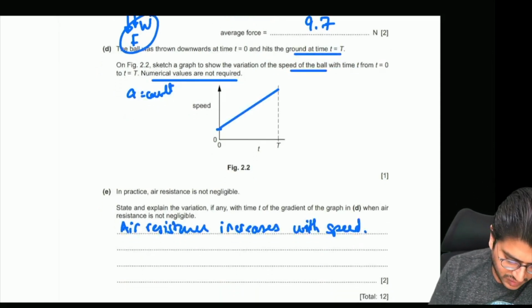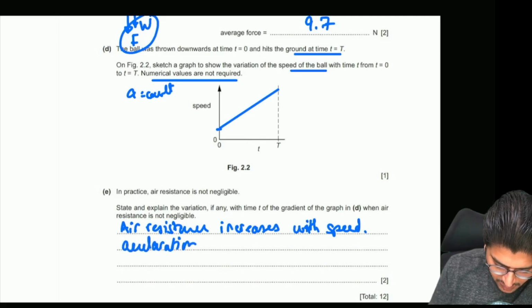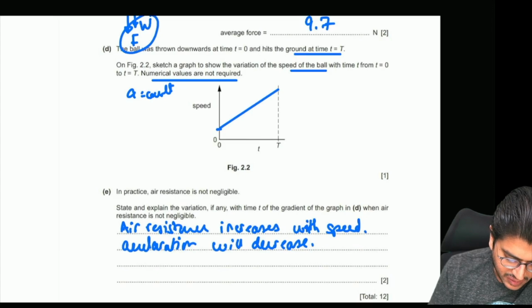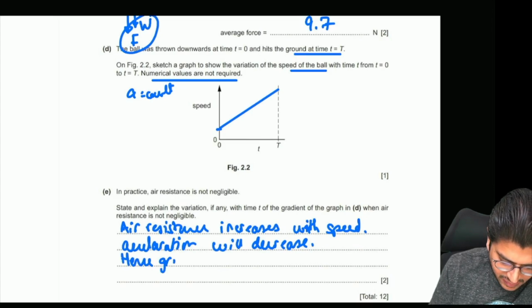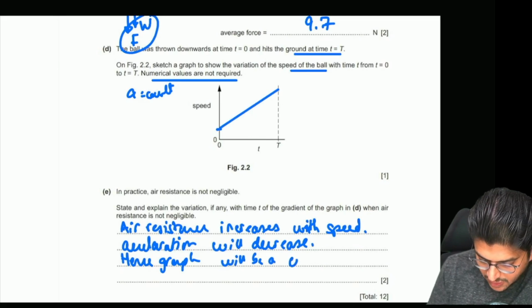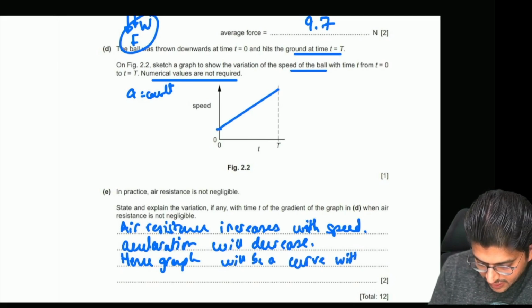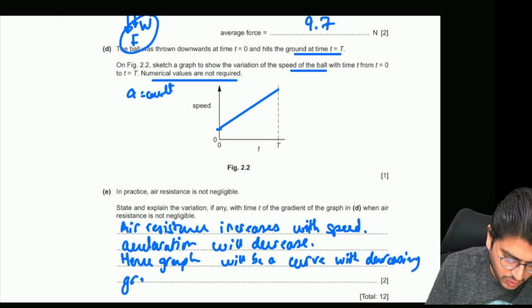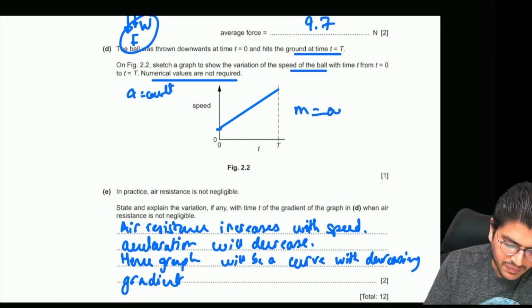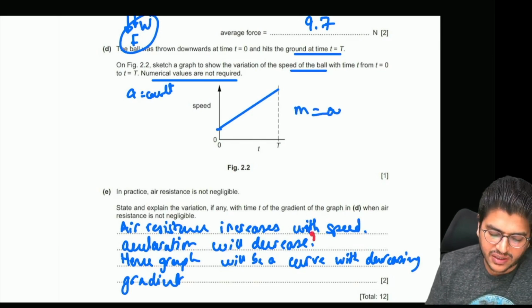So your acceleration will decrease, and because acceleration will decrease, hence the graph will be a curve with decreasing gradient, because you know that the gradient of this graph gives acceleration, and you're admitting the fact that the acceleration will decrease.